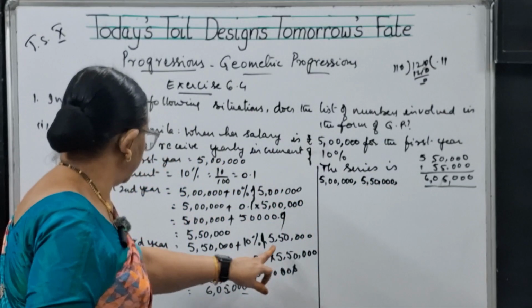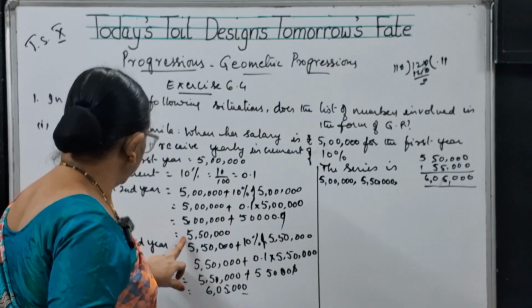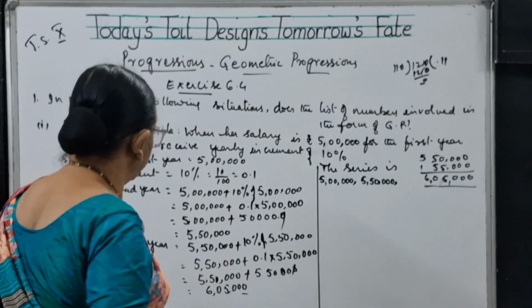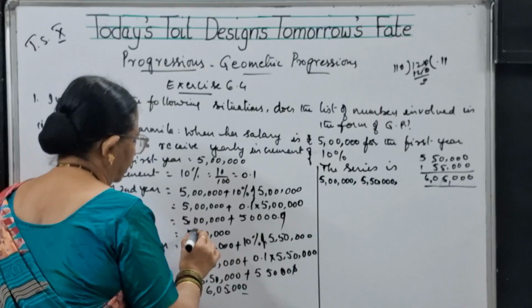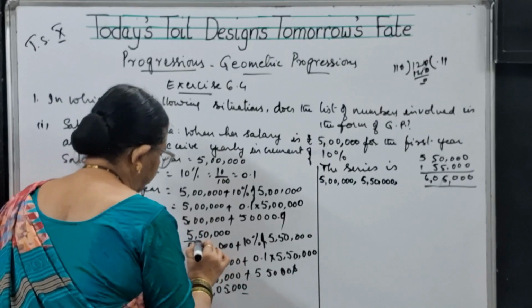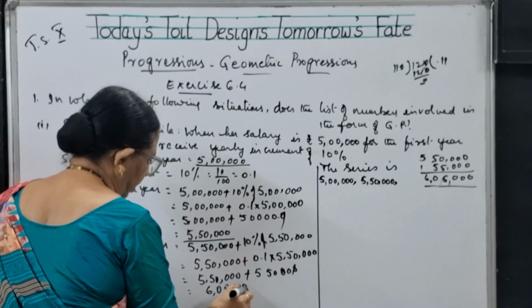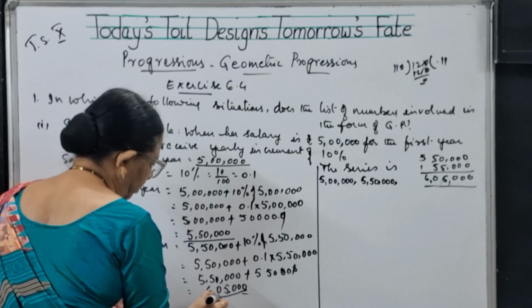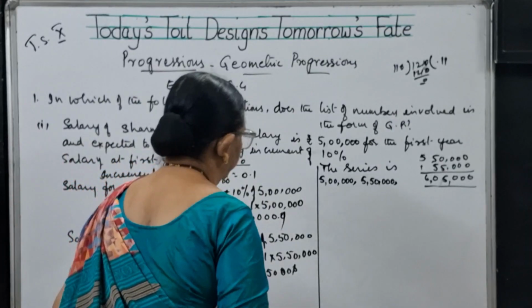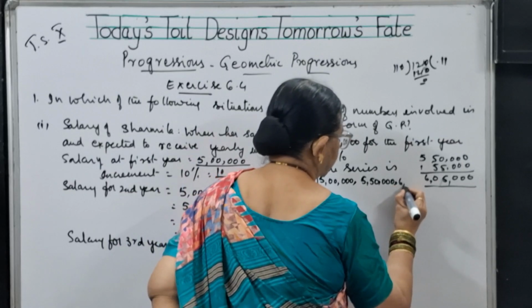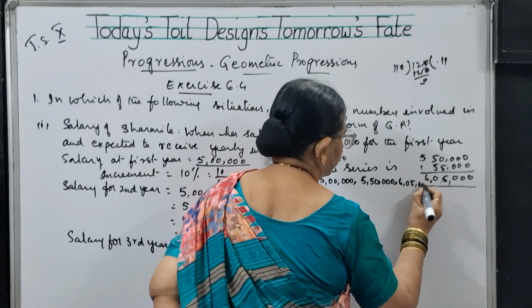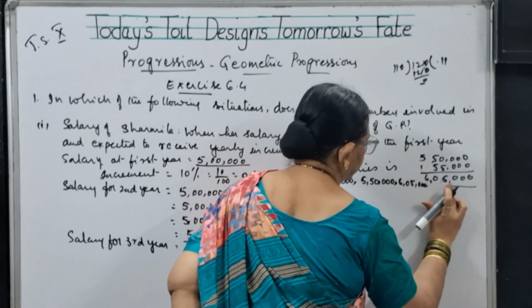This is the second one. First one is 5 lakhs, second one is 5 lakhs 50,000, and the third one is 6 lakh 5,000. 605,000. It goes on like this.